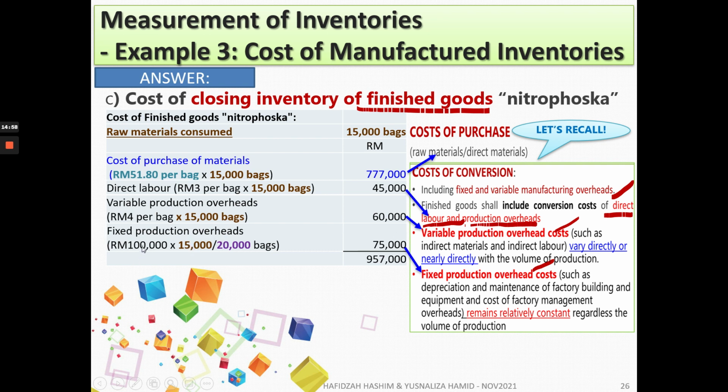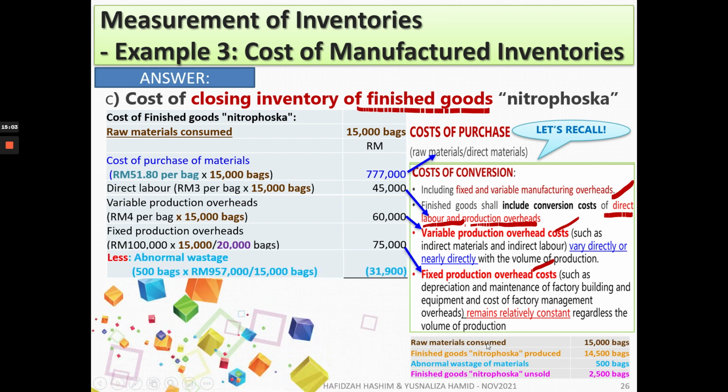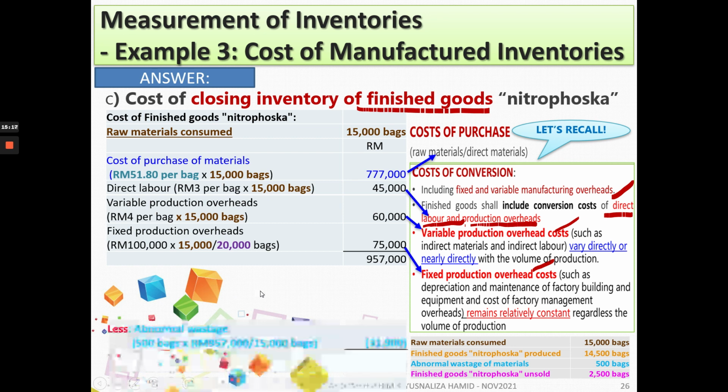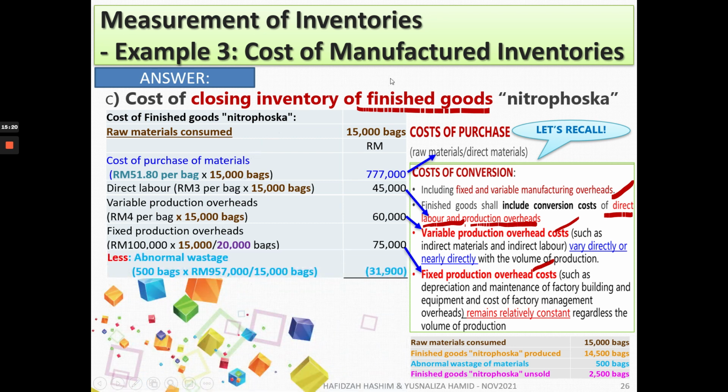So we do the apportionment and we get 75,000. If you cannot remember, I've put here the information from the previous slide on the raw materials consumed, finished goods, abnormal wastage, and also the unsold finished goods. Next is for us to look at the closing inventories. We need to reduce the abnormal wastage, because this is not to be included in the cost of inventories.